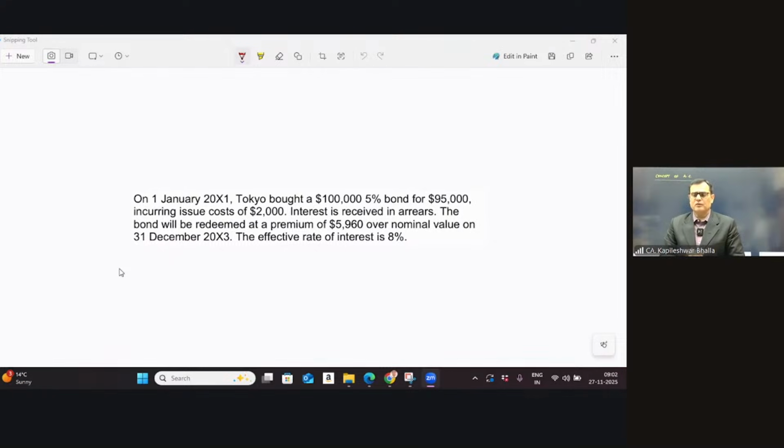And then it gives you something called an effective interest rate, which is supposed to be 8%. Now, I don't know how much of this you understood or not, but you must be making something at the back of your mind that there is a discount at the time of issue, there is some premium at the time of redemption, and there is some issue expense, and that's what he's talking about.